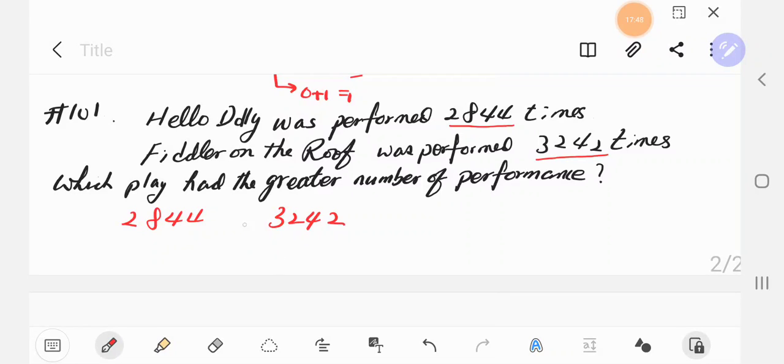So which one is greater? 3,242 is greater, so the Fiddler on the Roof has been performed more than the play Hello Dolly, right? So the answer will be Fiddler on the Roof.